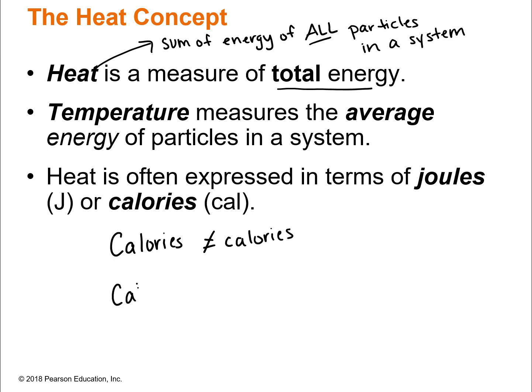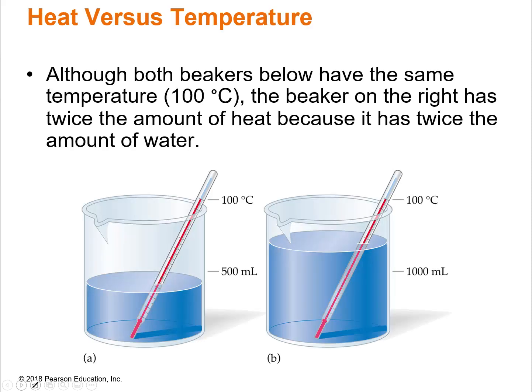The capital C Calorie, and this is purely for your knowledge, is actually equal to a kilocalorie, which is 1,000 calories. So just for your knowledge, all of these things are coming together. I hope you can see some of the relevance of the things we're learning here. It's not abstract.